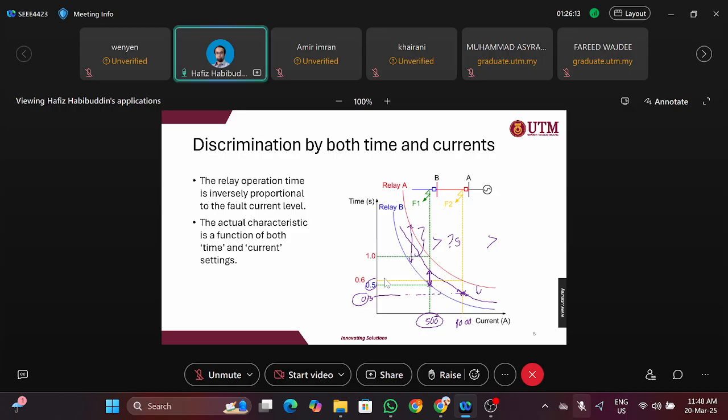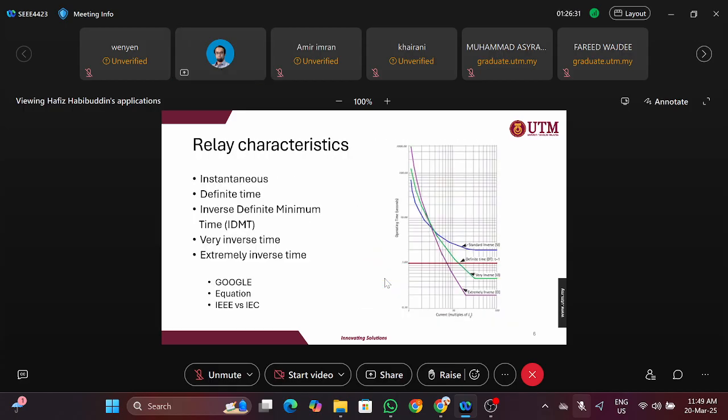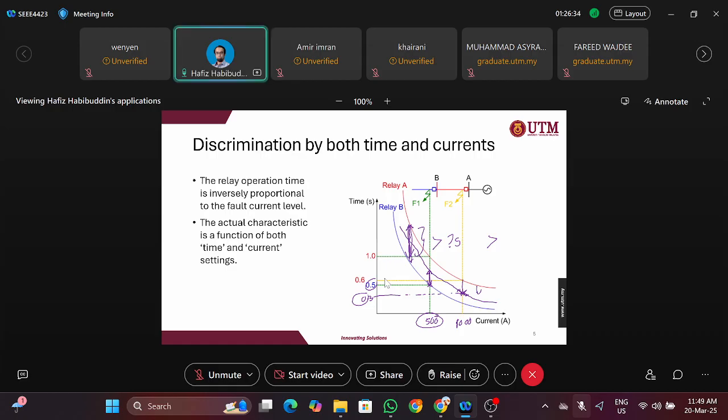So you need to balance up whether you want to have a fast operating time or sufficient time delay between those relay characteristics. So we'll deal with this later on with the time delay, discrimination time. Let's focus on this curve.